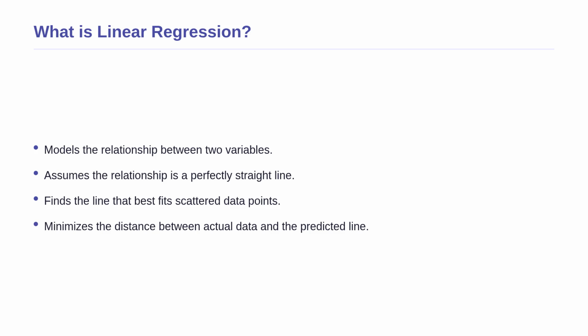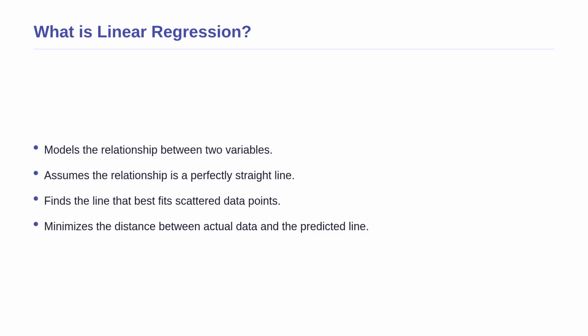Now that we know our goal is to make predictions, let us understand what linear regression actually is. In biostatistics, it is a method used to model the relationship between two different things. The word linear is key here because we are assuming that the relationship between these variables can be represented by a perfectly straight line.